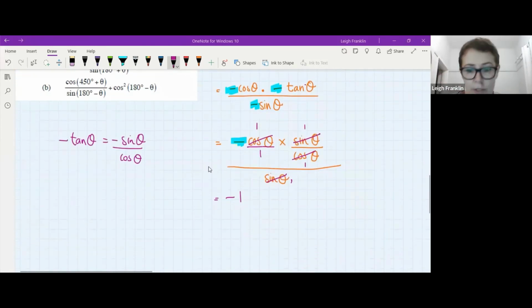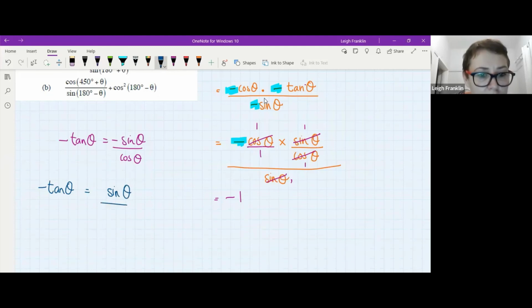Right, so in other words, if you've got negative tan theta and you want to write that as sine theta over cos theta, because this is negative, Inam, the negative either belongs at the top, so a negative divided by a positive is a negative, or it belongs at the bottom, so a positive divided by a negative is a negative, or your alternative is to write it in the front.